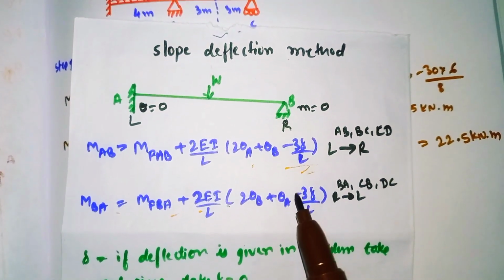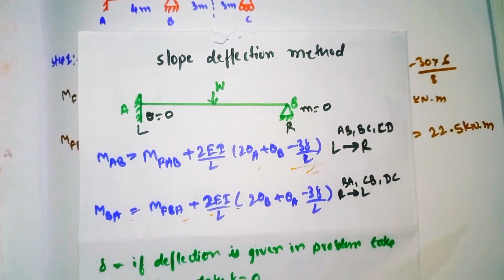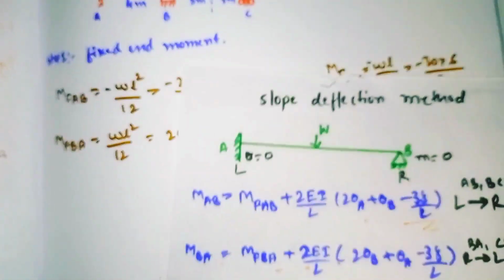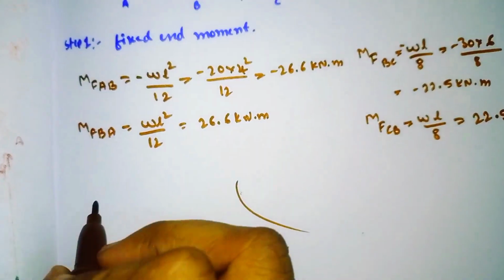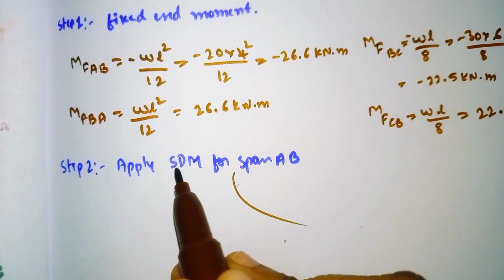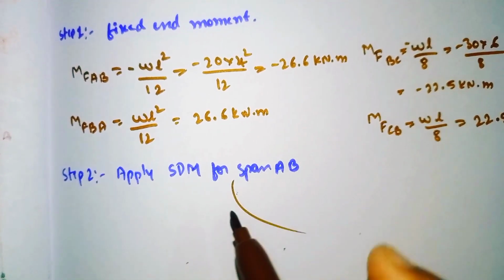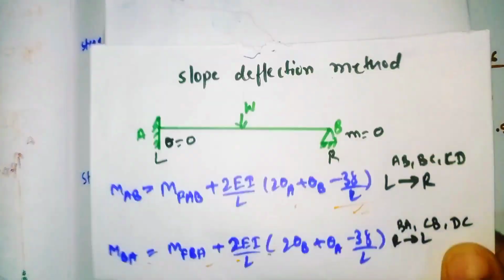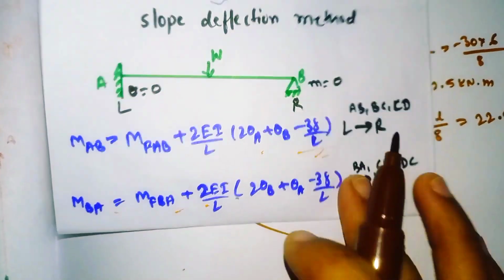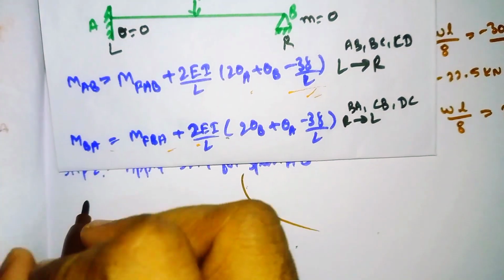By using these two, we will calculate the slope deflection. So this is our second step. Now we will apply the slope deflection method for span AB. For AB we will apply this formula.